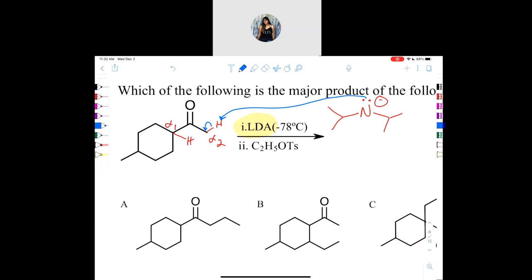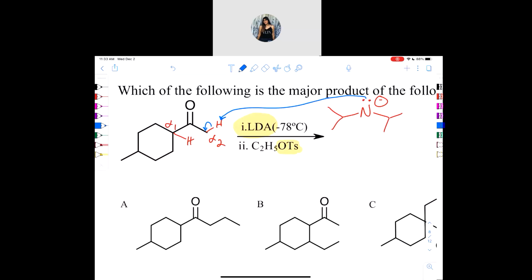All right. So the second step of this reaction has this OTS group. What is OTS? Do you guys have any idea? It's kind of a new, weird-looking thing. It's a protecting group, and it's tosylate. Yes, exactly. So tosylate is a protecting group, but it can also be something else.